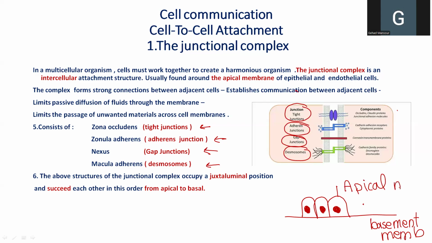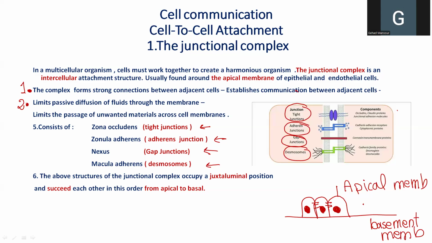So these structures of the junctional complex will be present towards the apical membrane. And they form together a strong physical connection between adjacent cells and establish communication between the adjacent cells. So this is the first function: they establish strong physical attachment or communication between the cells.